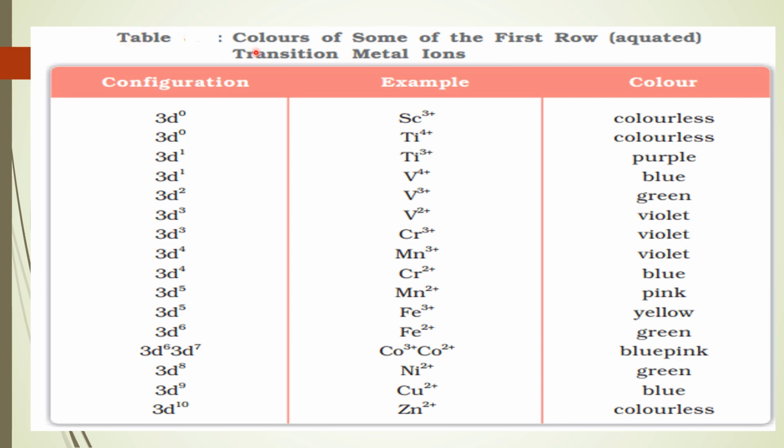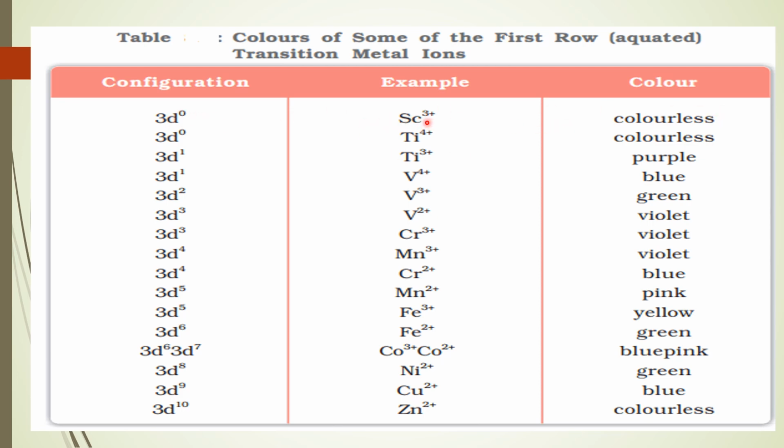This is the table of 3d transition elements. These are the different elements in their different oxidation states, this is the configuration, and these are the colors shown by these transition elements. If you see in this table, you can see clearly that if any element in its particular oxidation state has no unpaired electrons, it is found to be colorless.